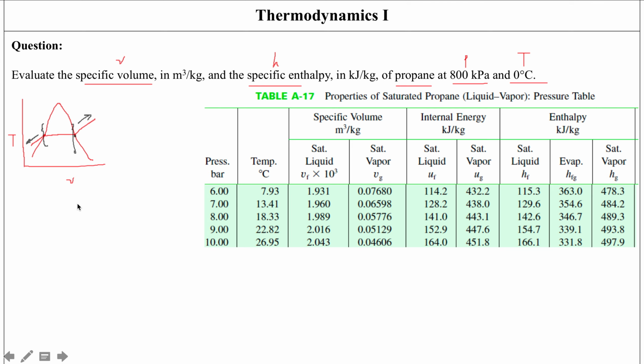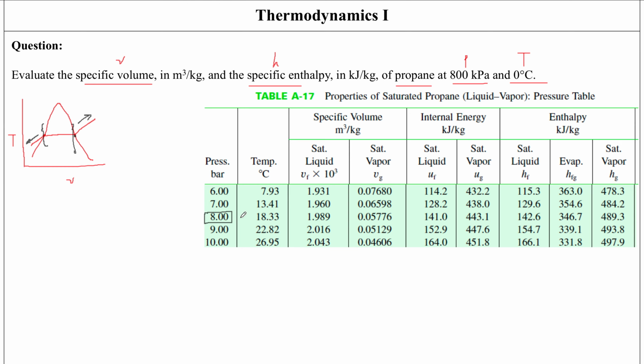So now what you do is you go to the table, which is the pressure table, because you've got pressure given to you. It's 800 kilopascals, so you convert it into bars by dividing by 100, and so the pressure is going to be 8 bars. Okay.